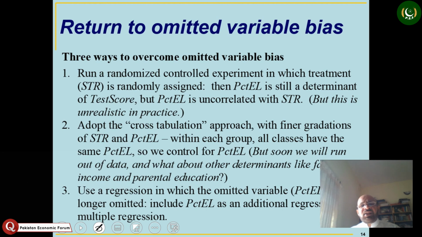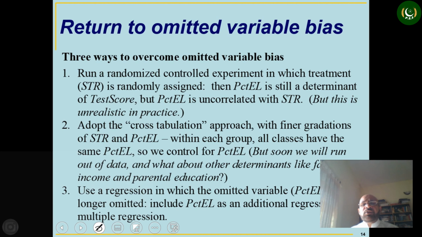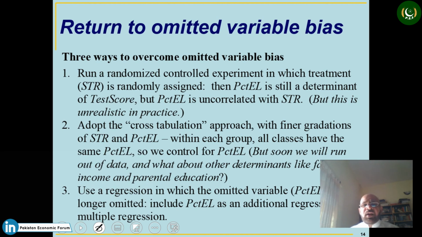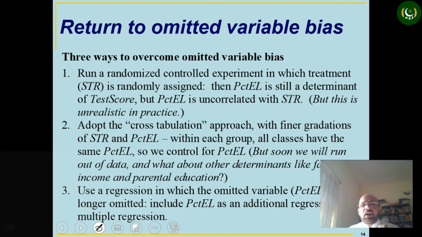In that case, percentage of English learner students will be a determinant of test score, but it will become uncorrelated with student teacher ratio because we have randomly assigned class size.